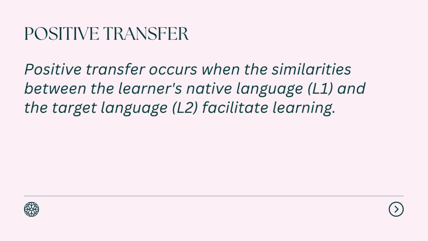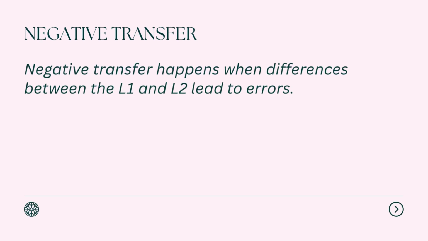This is also when the grammatical rules and syntactic rules of your L1 and L2 are somewhat similar, and you can apply the rules of your L1 to your L2 to facilitate learning. So, with that, if we have positive transfer, of course, we also have negative transfer.